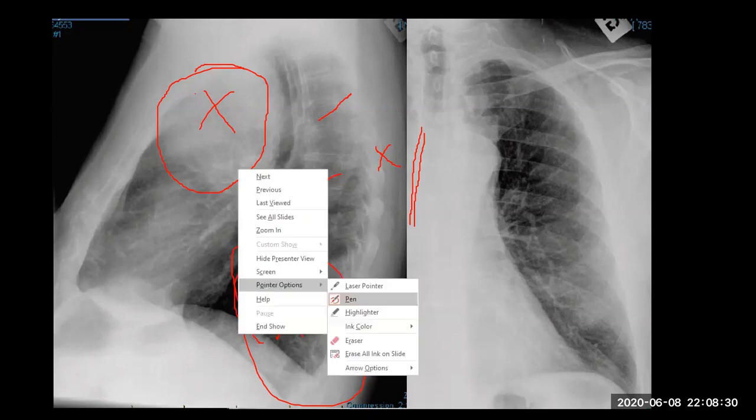What are the differential diagnoses of an anterior mediastinal mass?